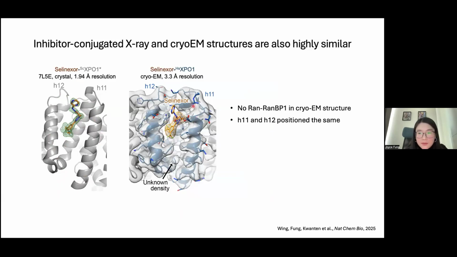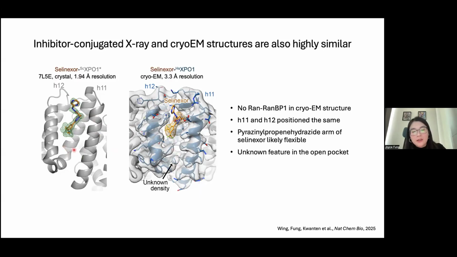Oh, sorry. This cryo map has no RanBP1, so it is free of crystal contact. But HEAT 11 and HEAT 12 are still positioned exactly the same way. And then the top of the selinexor here, the pyrazinoyl propene hydrazide arm, I do not see density for that in the map. So it's likely flexible, and that is different from the crystal structure.